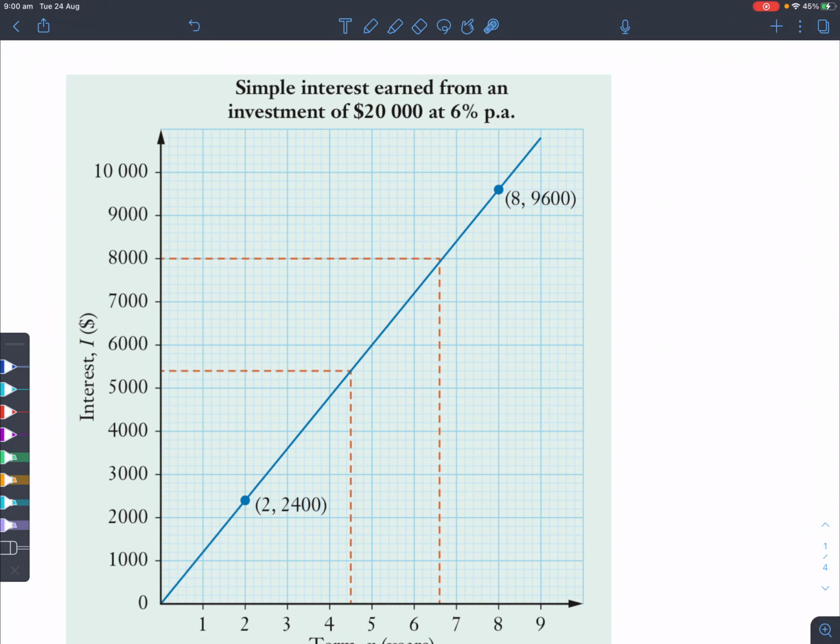Once you plot that out, you get a straight line like that. So simple interest graphs involve straight lines, and we're later going to look at compound interest graphs, which are not straight lines. But I'll talk about that later. For now, just recognize that we're looking at straight lines.